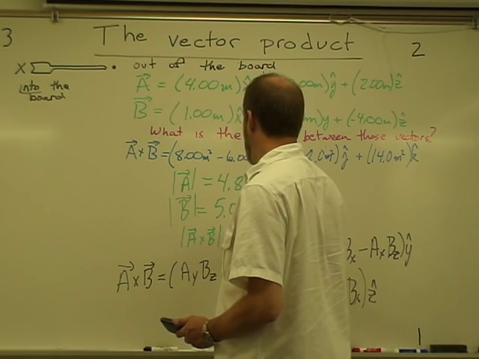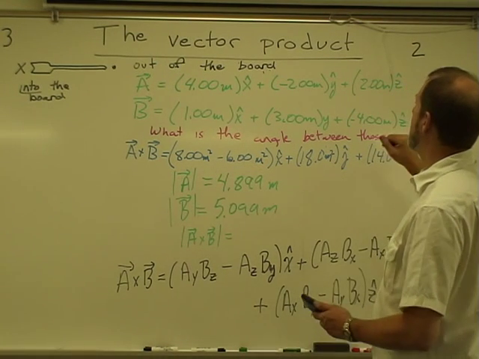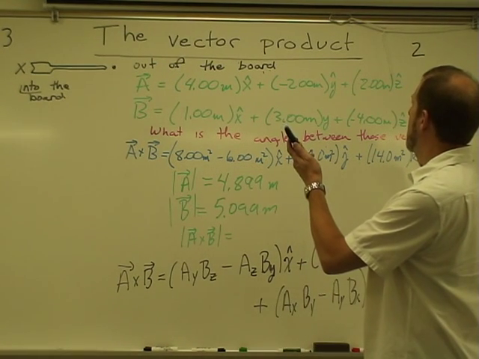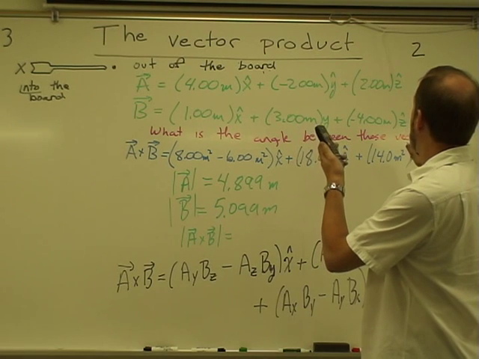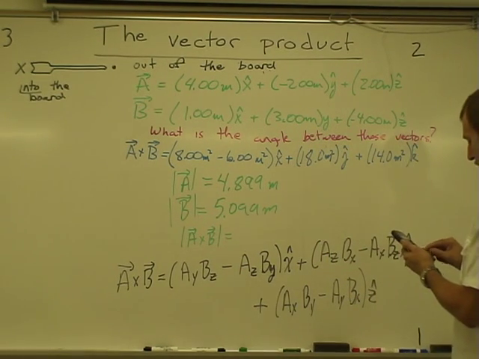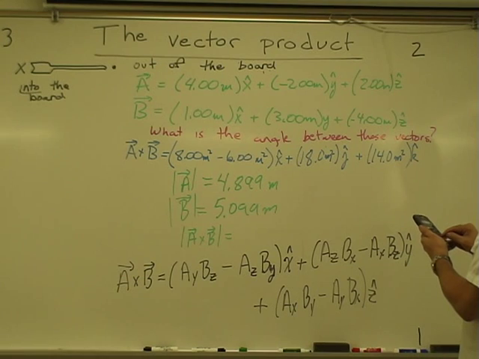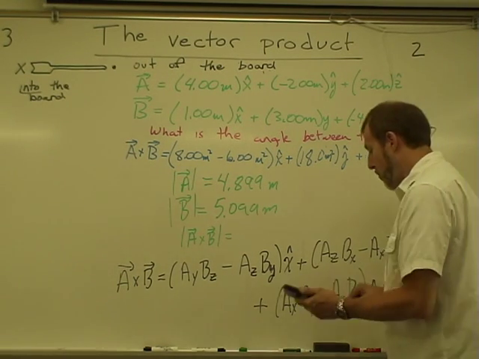And the magnitude of A cross B then is equal to, 8 minus 6, or let's see, 2 squared plus 18 squared plus 14 squared, is 22.891.